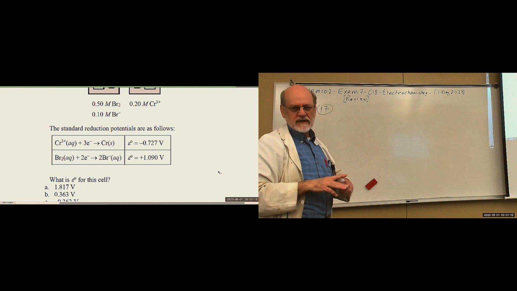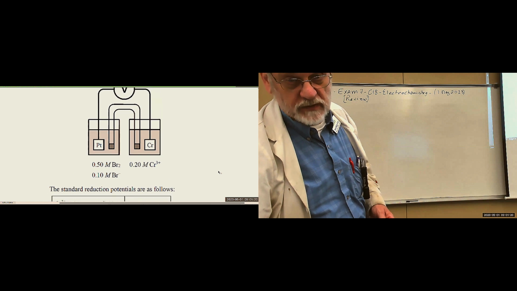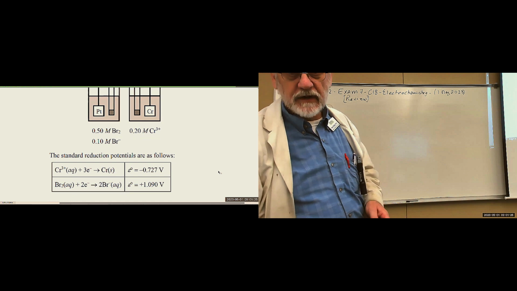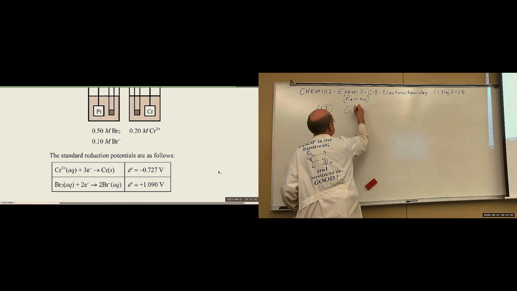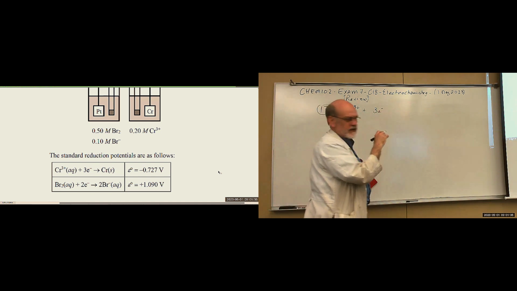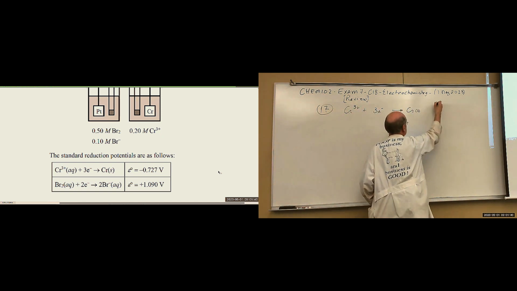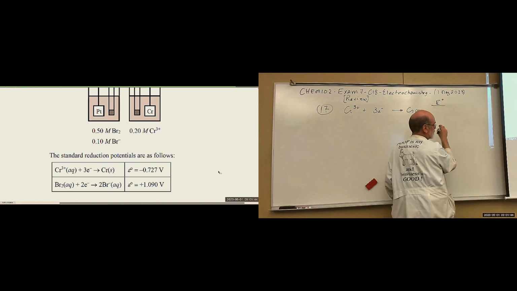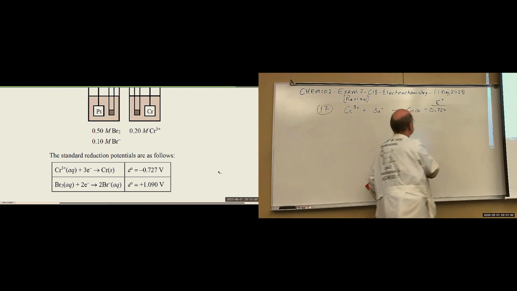Which one's going to be the oxidation and which one's going to be the reduction? They may not be written in the correct order, right? It could be bromine on the right and chromium on the left. So let's look at those values. Cr3+ plus 3 electrons to make chromium solid, and the standard reduction potential here is -0.727.